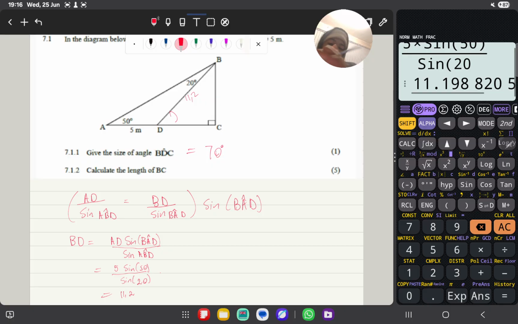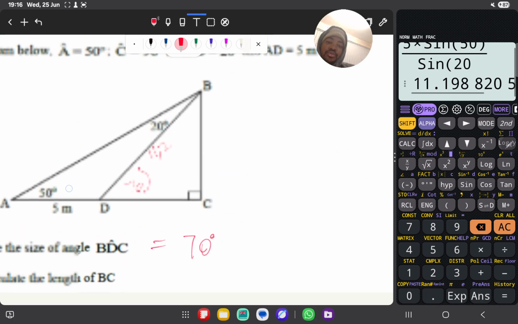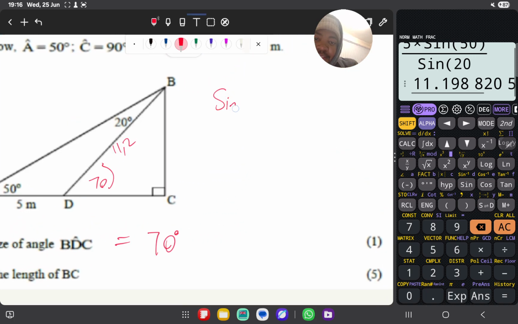You can now use what? You have 70 degrees here, right? And you are looking for the opposite side. You have your hypotenuse, so we are going to use sine: sine BDC equals opposite, which is BC, over hypotenuse, which is BD. Before substitution, we want to make BC the subject of the formula, so we multiply by BD.